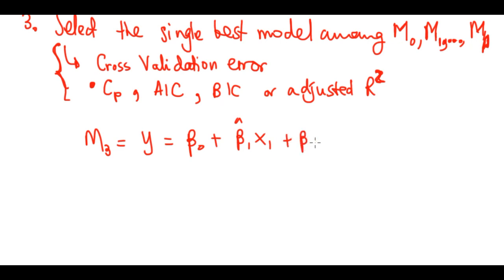Maybe beta 2, it might be the one with the x7, plus beta 3 with the x10. This is part of M3. It is the best of M3 that came from the set where k equal to 3, right? 3 predictors. I hope you understand this process here.